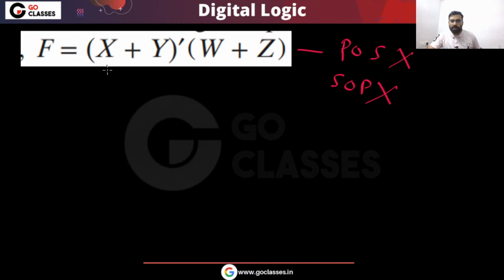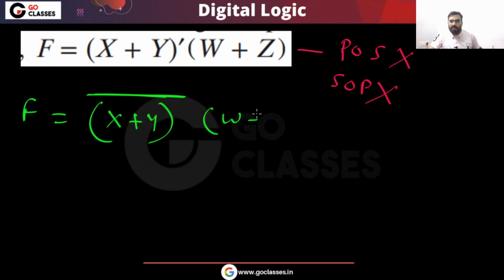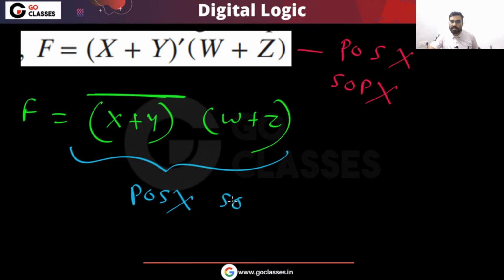Very simple, because remember, this is X plus Y complement, then Y plus Z. So clearly this is not in POS and not in SOP. It is neither, none of them. So don't make this mistake.